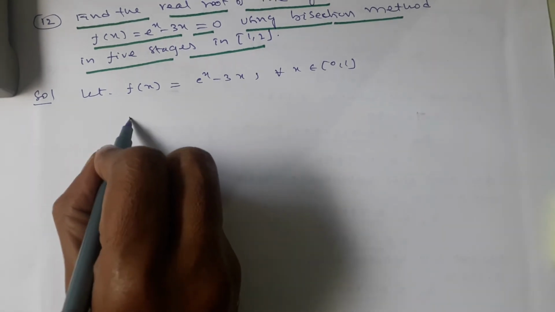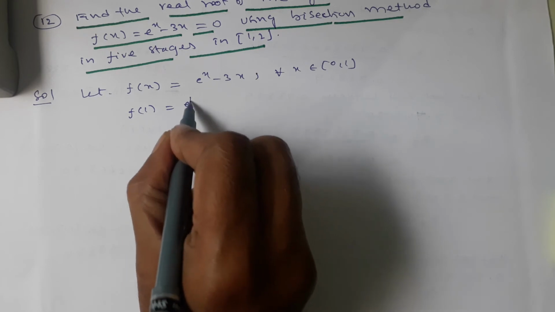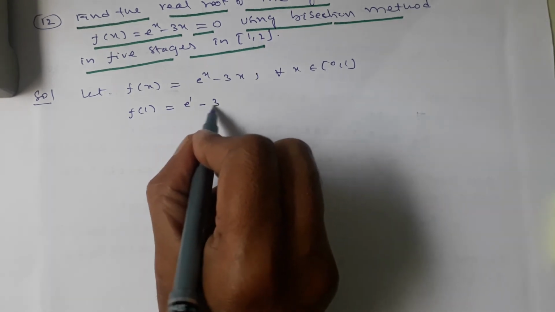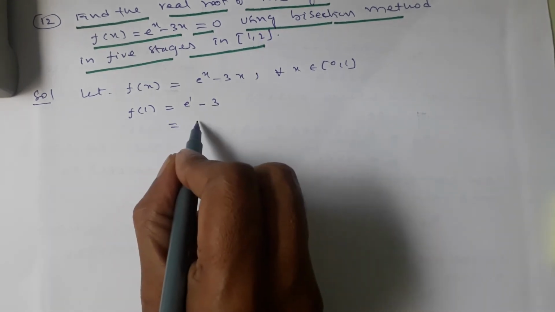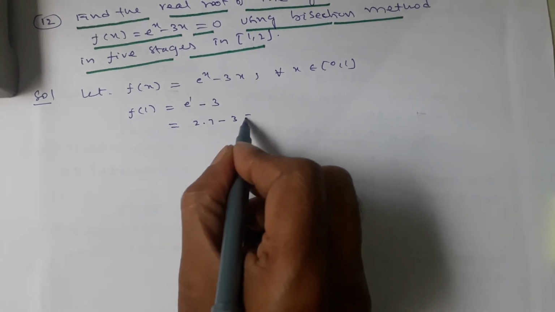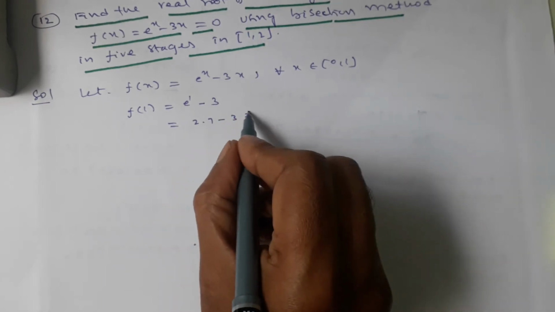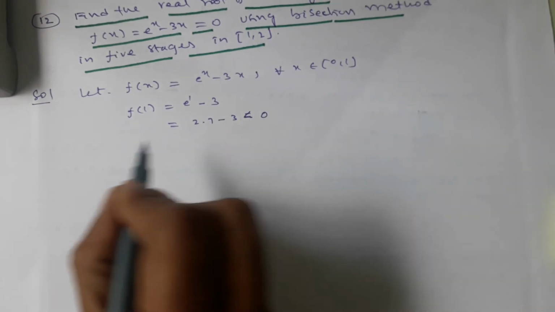So f of 1 is equal to e power 1 minus 3, which is 2.7 minus 3, less than 0.